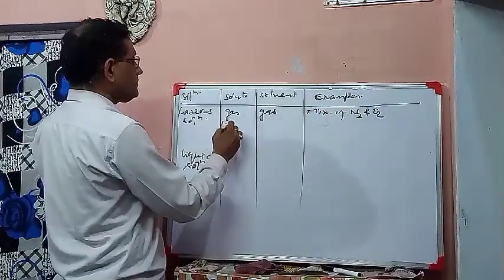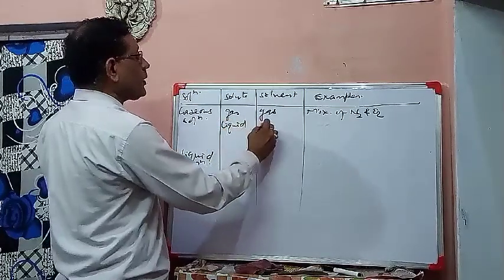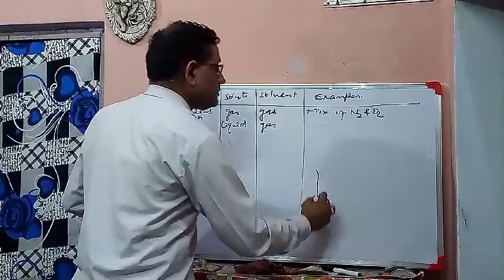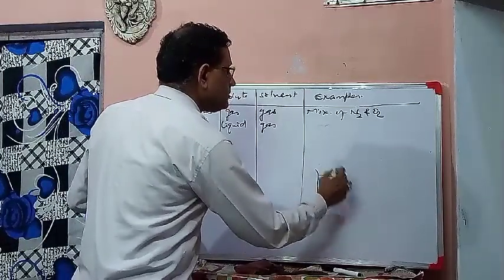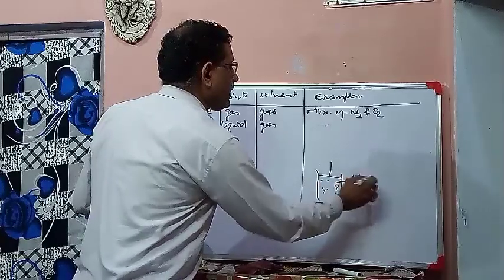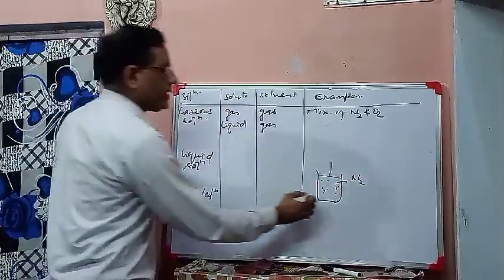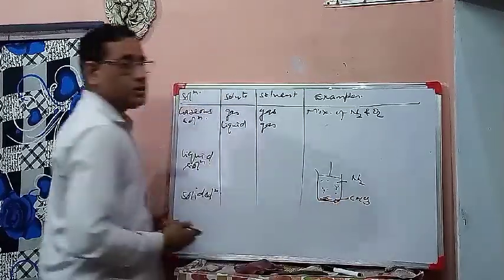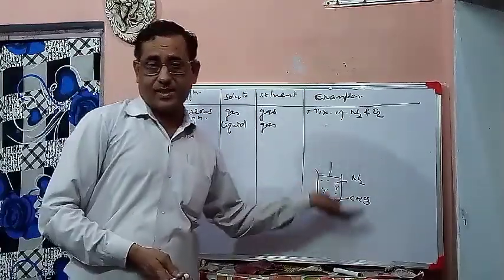And again, liquid into gas. You take any gas in a container like nitrogen gas and you add some quantity of chloroform. You know, chloroform is volatile substance.